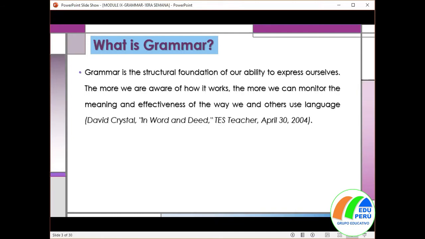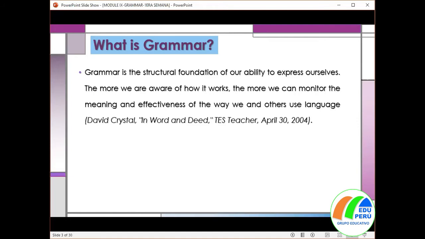So notice, David Crystal is a famous linguist, and also a famous writer. He published a lot of books, specifically on grammar, and on how to teach the different skills too, the methodology books.